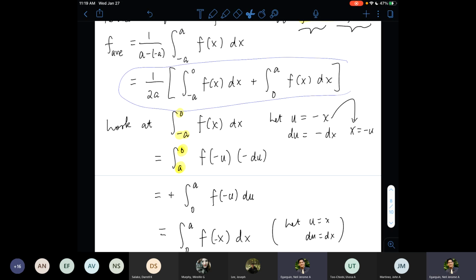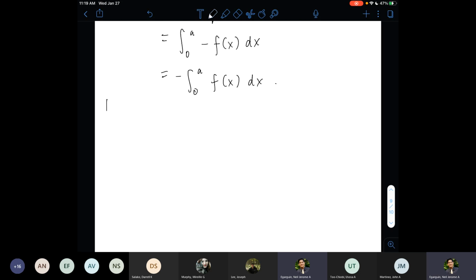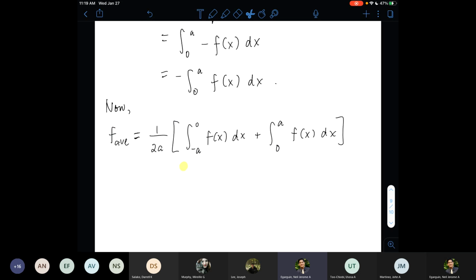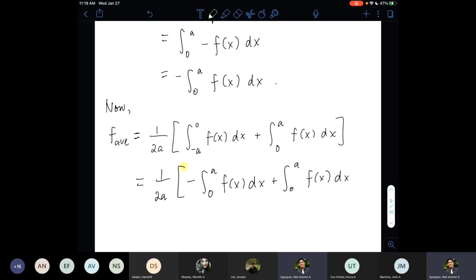I'll just copy this over. So now we know that the average value from our earlier analysis was this. Okay. And we just learned that the first integral is the negative of the integral from 0 to a of f of x dx plus the second term f of x dx.